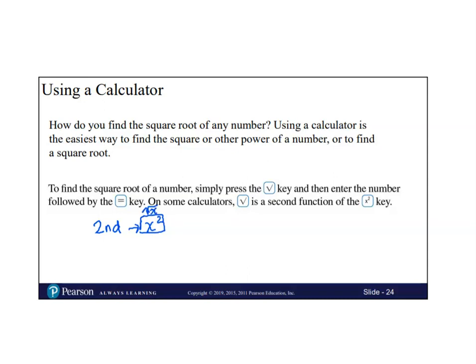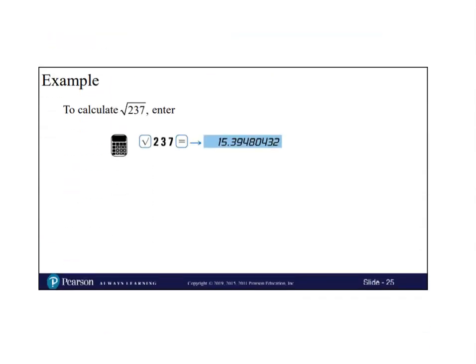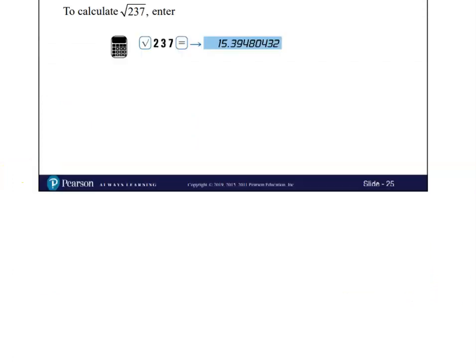That will give you the square root, and then you'll type in whatever you want to find the square root of. To calculate the square root of 237, you type in second x squared most of the time to get your square root to come up, and then 237, and you would get a very long decimal because it isn't a perfect square.